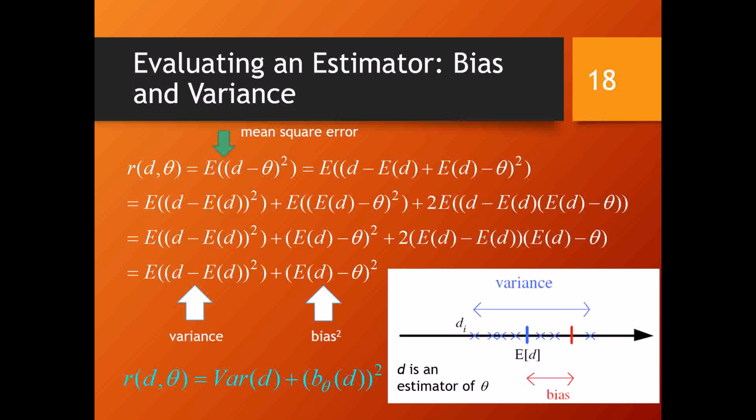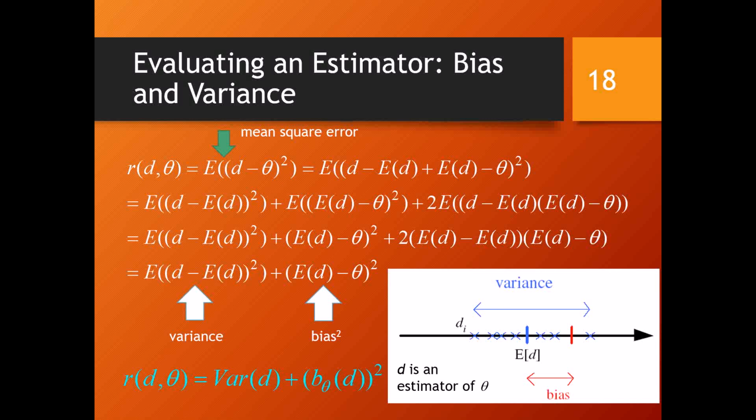So the mean square error of the estimator is equal to, look at this, D minus expectation of D. D minus the mean of this random variable. So this is like variance. This term is the variance of the estimator. And this term, what is this?